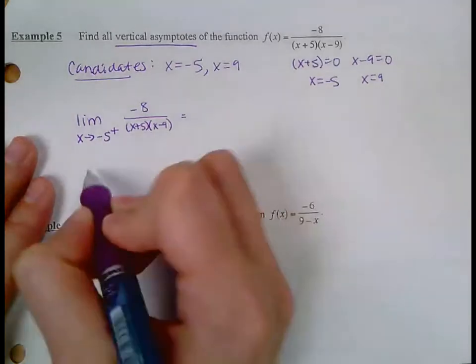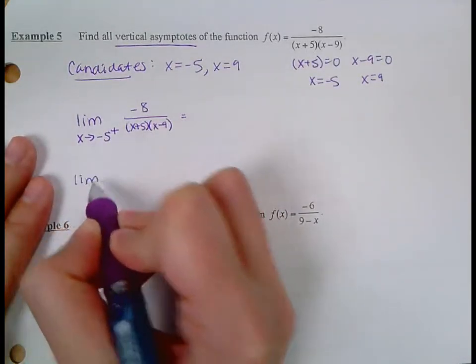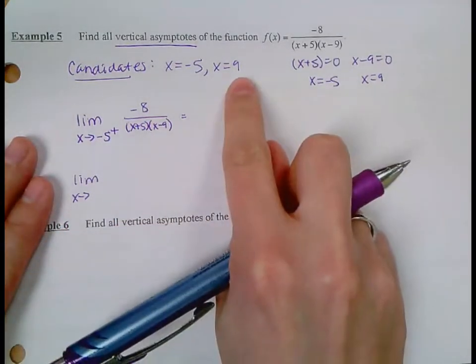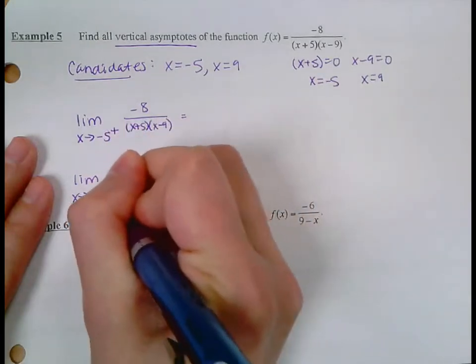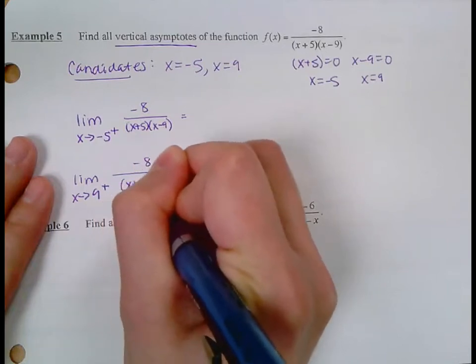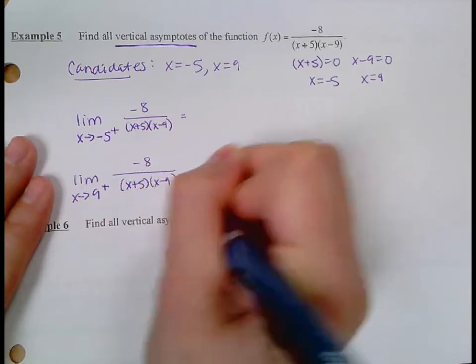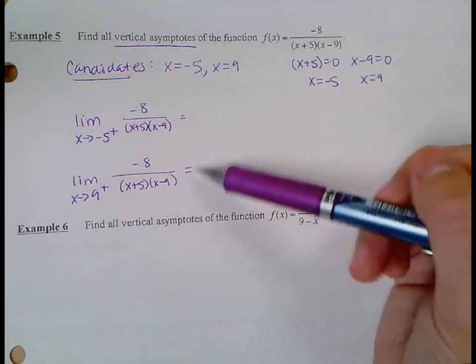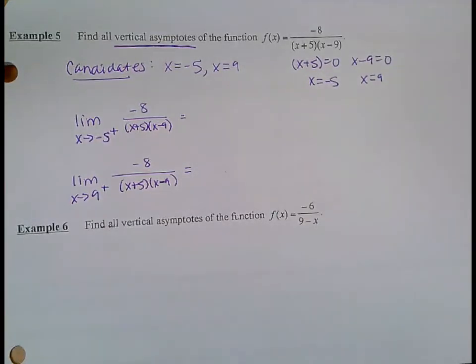I also need to find the limit as x approaches 9 from at least one side, so I'll approach 9 from the right as well. And if I can show that these limits equal positive or negative infinity, that's enough to say that there's a vertical asymptote at both of those x values.